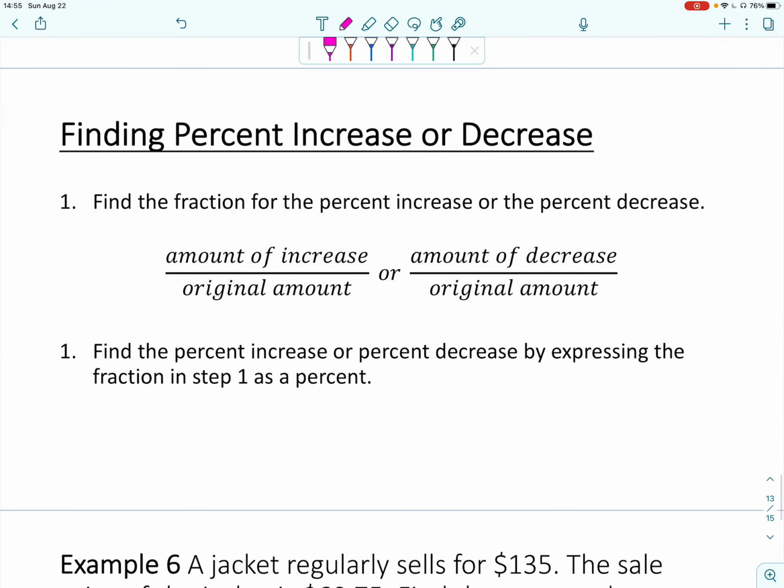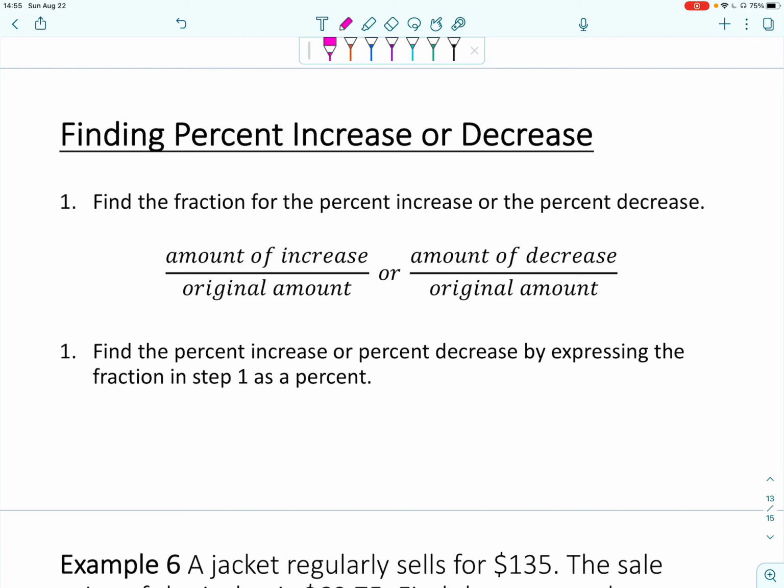So another thing we can do with percentages is find the percent that something increased or decreased. To do this, we first find the fraction for the percent of the increase or the decrease. We find that by finding how much the value increased and dividing that by the original amount, or looking at the amount of the decrease, how much the value decreased, and dividing that by the original amount, not the new amount.